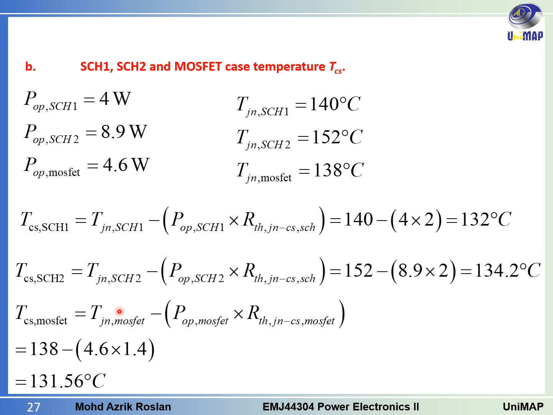We have the junction temperature of the Mosfet minus the power that we already attained here, 4.6, multiplied by Rth junction to case for the Mosfet, which is 1.4. So the T case of the Mosfet is 131.56 degrees C.